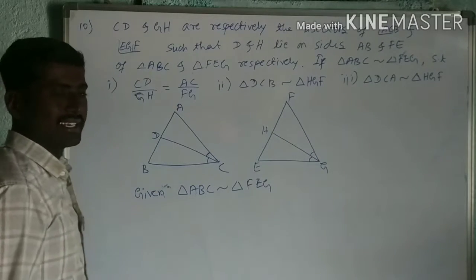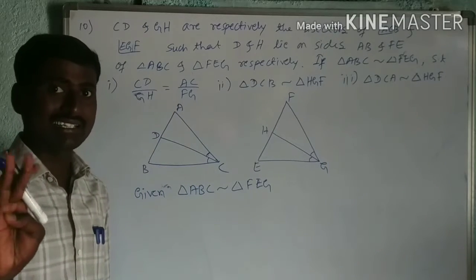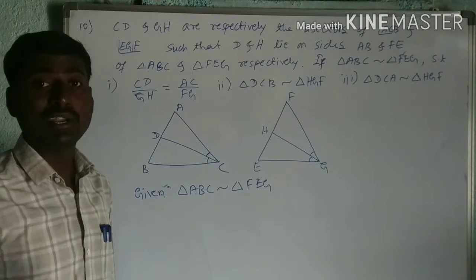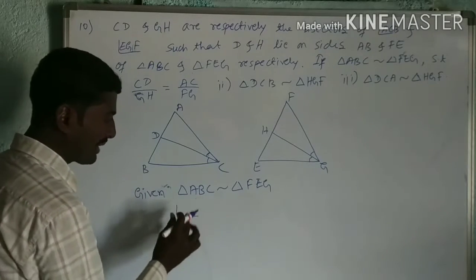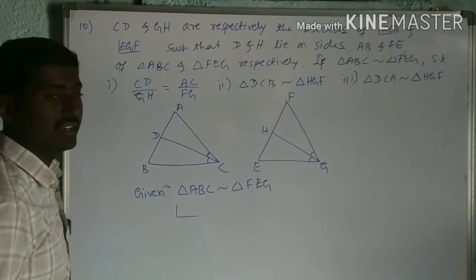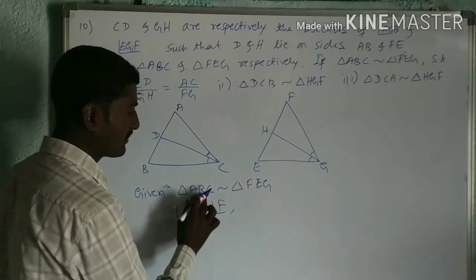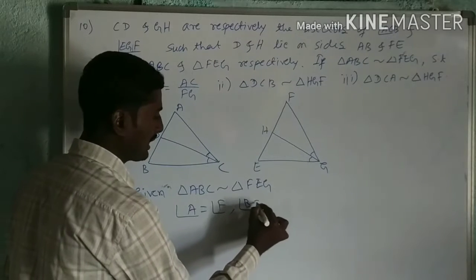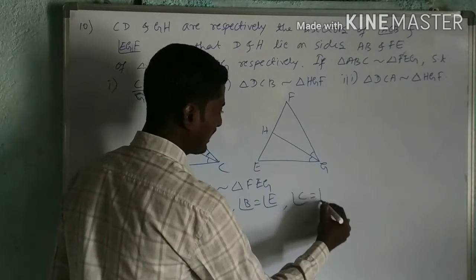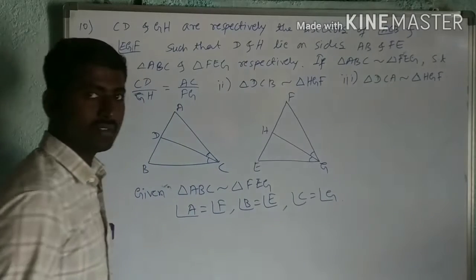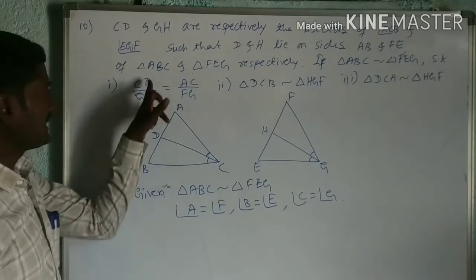If two triangles are similar, then their corresponding sides are in the same ratio. Second condition, corresponding angles are also equal. So angle A is equal to angle F, angle B is equal to angle E, and angle C is equal to angle G. Now, let us see the first one, CD by GH.